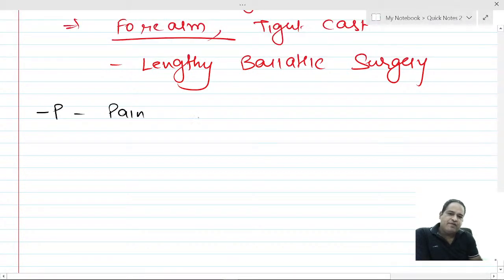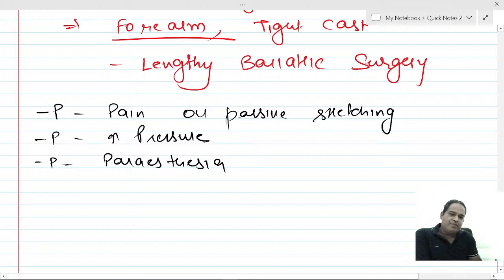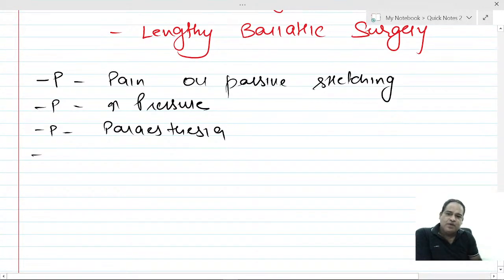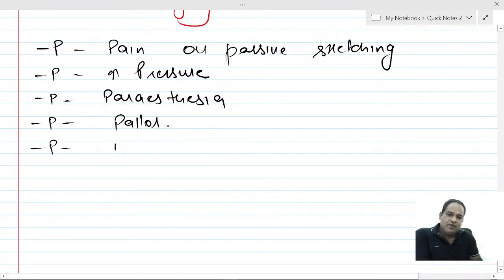First, there will be pain on passive stretching. Why? Due to increased pressure. Nerves will be compressed, so there will be paresthesia. Arteries will be compressed, so there will be pallor.